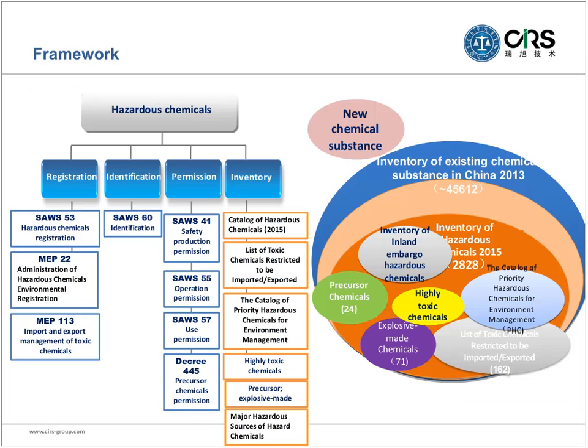This registration is required for both the foreign merchant and the domestic importer. If your chemical is listed in the import and export management of toxic chemicals inventory, and you are a foreign merchant, before you export your chemical into China, you need to take registration to get approval from the MEP, the Ministry of Environmental Protection.